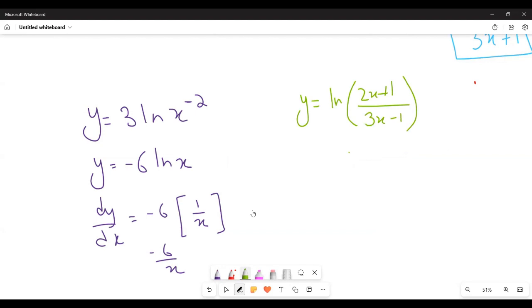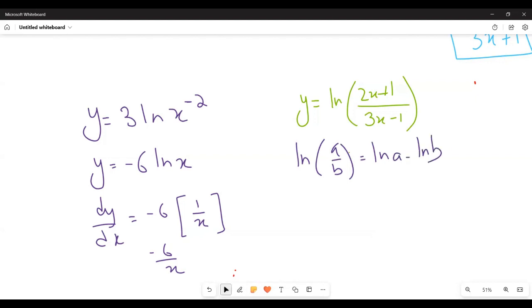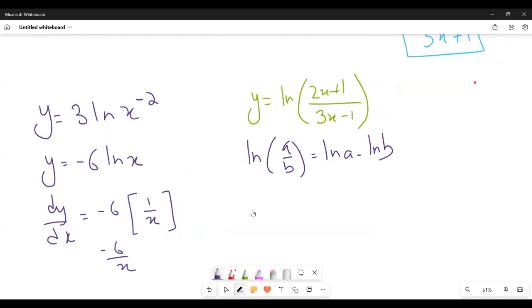Now, instead of trying to derivate it, let's first apply the property of log, which is ln A upon B equals ln A minus ln B. So, y equals ln 2x plus 1 minus ln 3x minus 1.